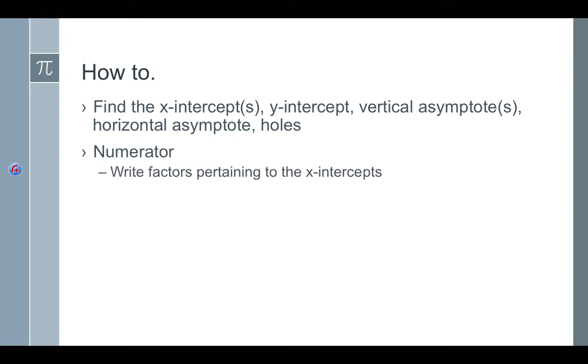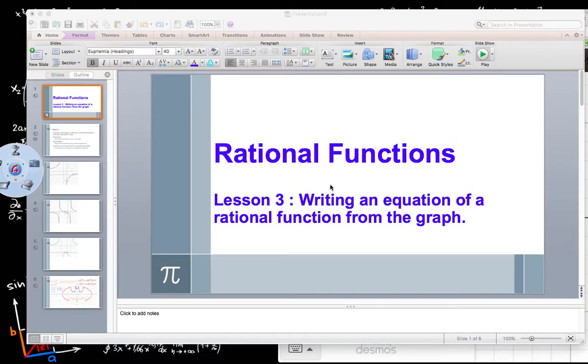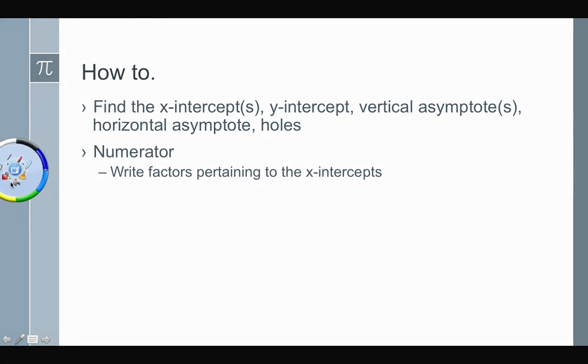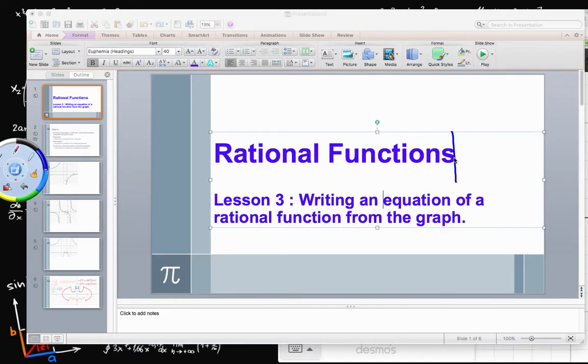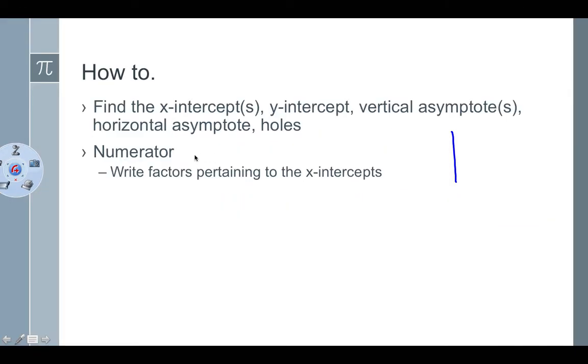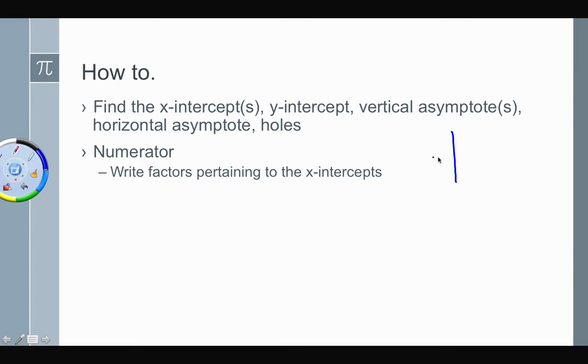So in the numerator of your rational function, we are going to write the factors pertaining to the x-intercepts. So what I mean by that is if we graphed a function, and that x-intercept was out here at 3, that means we had a factor of x minus 3 because 3 is the zero.